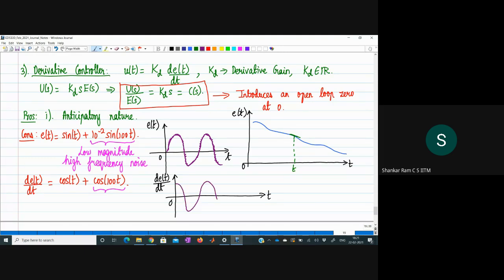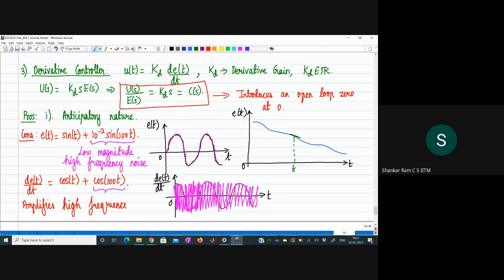Ideally the derivative should have been cos t, which is this form. But this high frequency noise will completely mask it. Cos 100t will essentially oscillate between minus 1 and plus 1 at very high frequencies, so it will completely mask it. So there is an issue, right? The derivative controller amplifies high frequency noise, which is a problem.